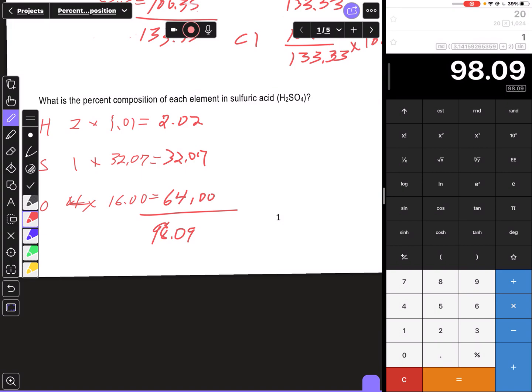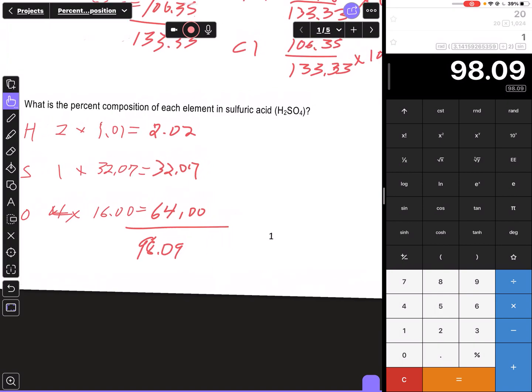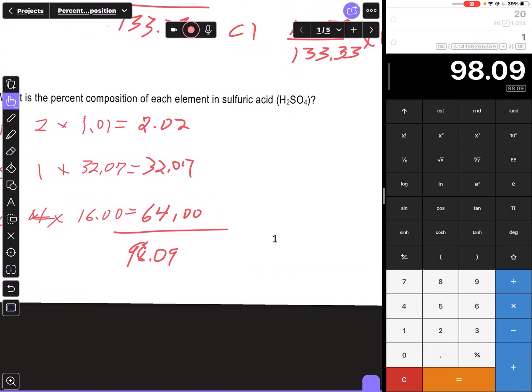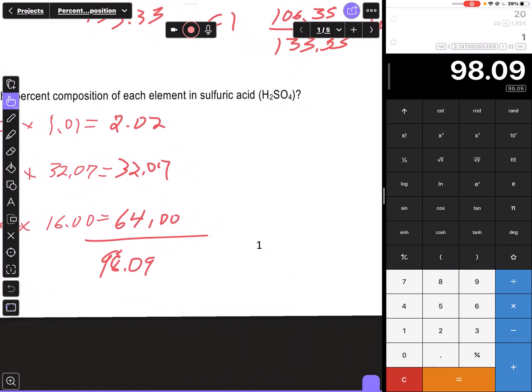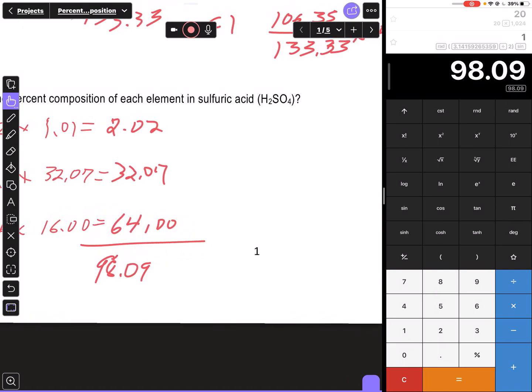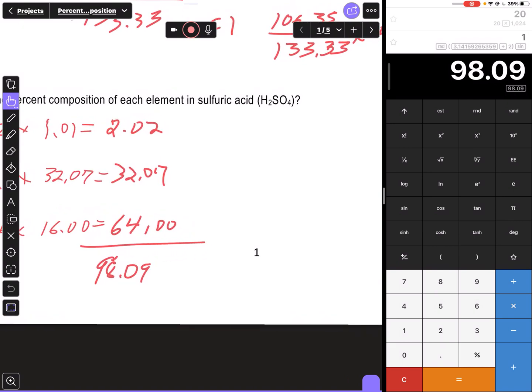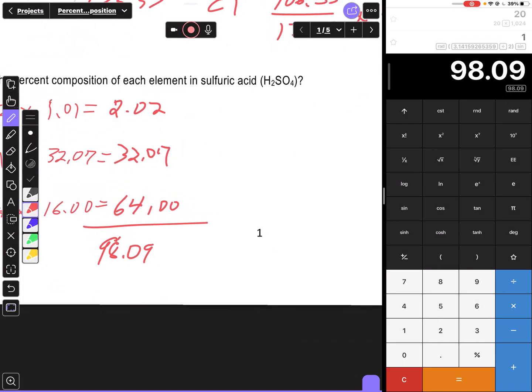Okay, now I'm going to take each individual mass, divide it by the total. So if I'm talking about hydrogen, if I separate this, that would be for hydrogen 2.02 divided by the total, which would be 98.09.